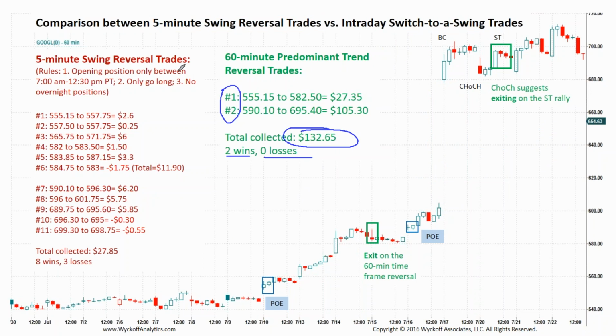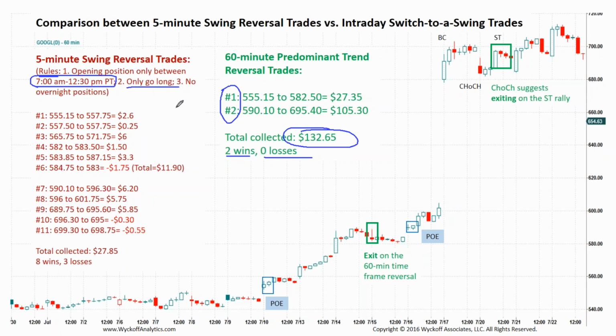I just conducted them, kind of like paper traded them for this particular move. The rules: we're going to open a position only between 7 and 12:30. So we are waiting for the first 30 minutes to develop. I should have mentioned that lunch hours are going to be excluded.